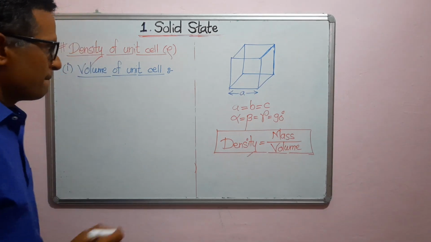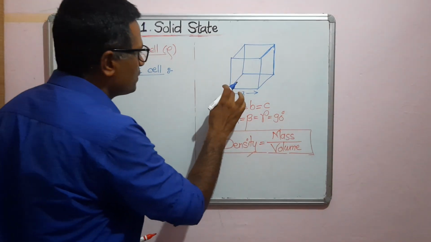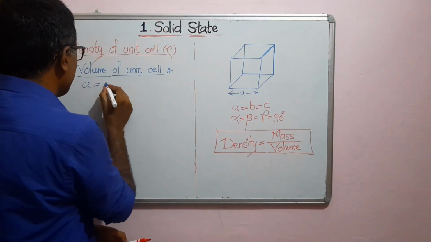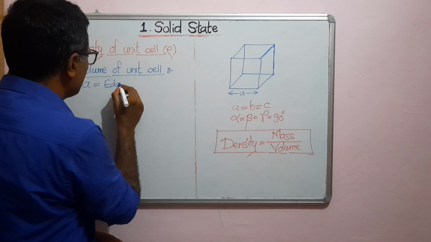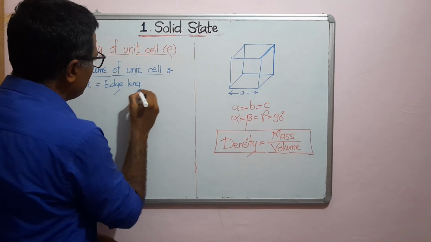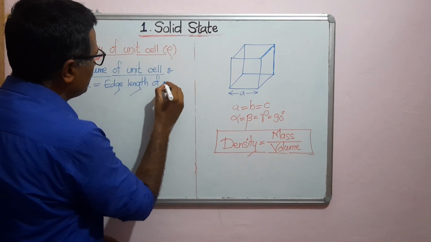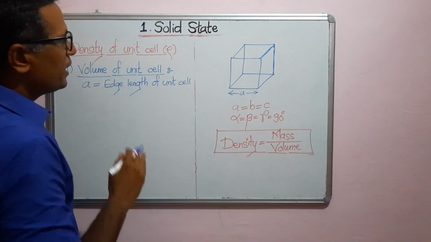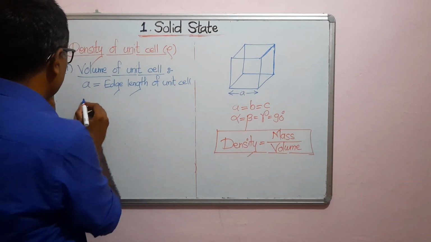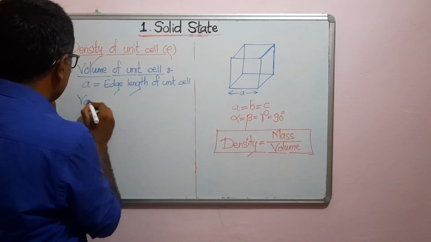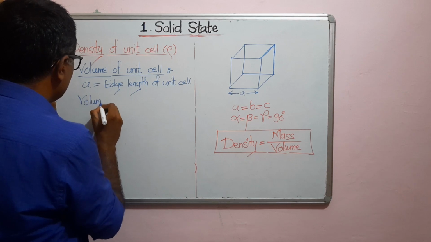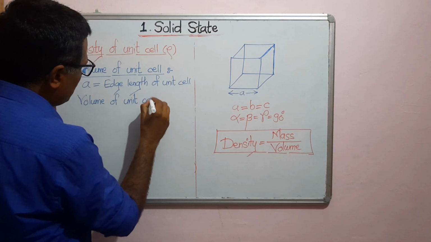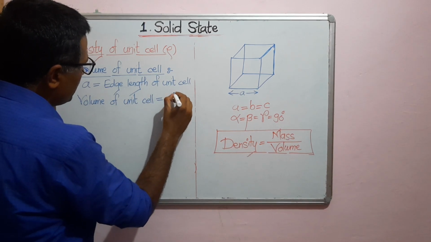Now here the cubic system is there, which has edge length a. So a is the edge length of unit cell, and if a is the edge length and all edges are of same length, then the volume of unit cell becomes a cube.